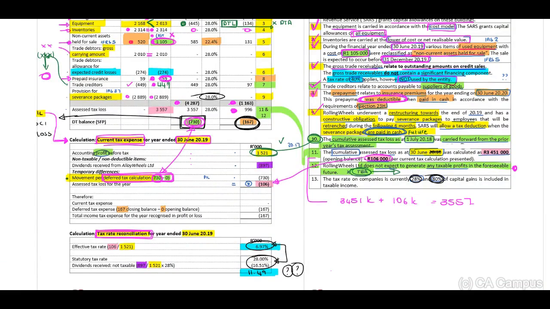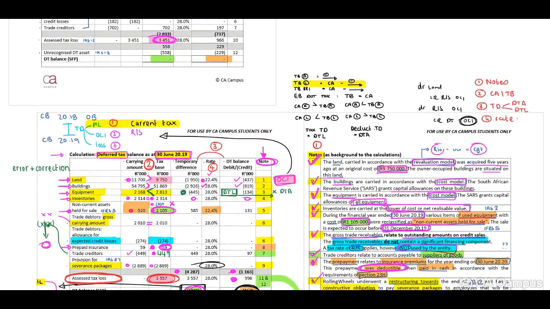You could have studied your template, or if you have a little bit of spare time, I know difficult, when you look at this, we have our assessed tax loss. Now I'm going to write in red, please follow me. Your deferred tax calc, assessed tax loss of 3557. Remember, this consists out of the 106 and the prior year's 3451.